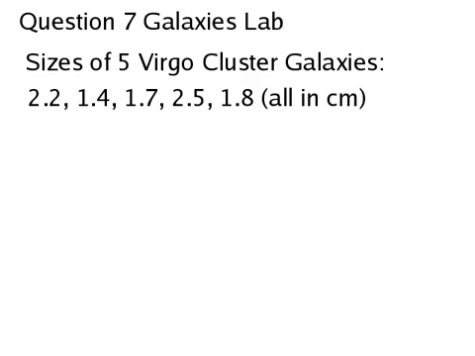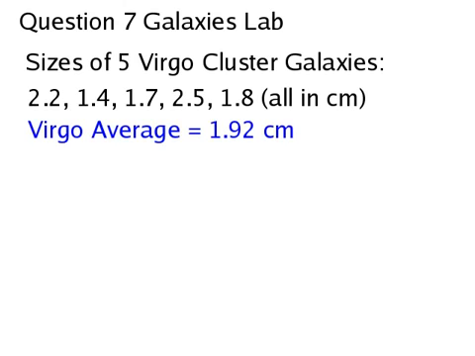Okay, so let's calculate the Virgo average from that. Great. Okay, so it's 1.92 centimeters. With the average, you add all the values together, and I know you've done that, but there's still some confusion about that. So add all the values together and then divide by the number of values given.